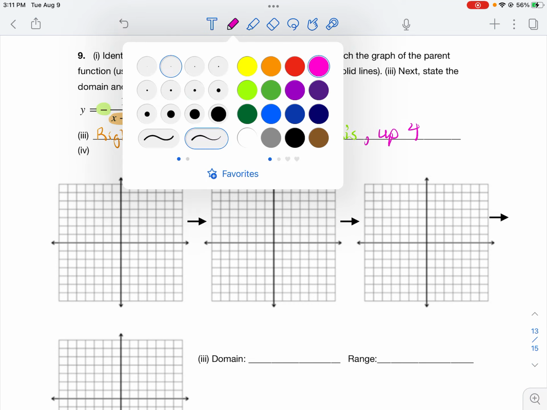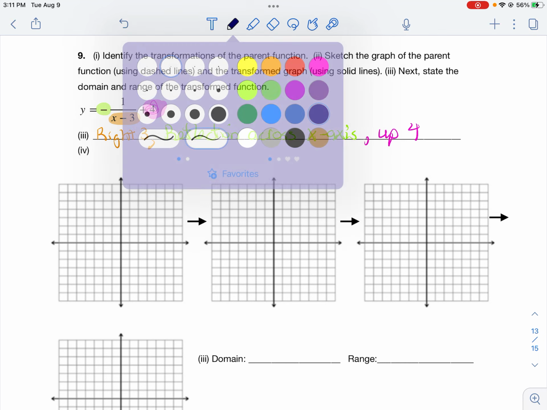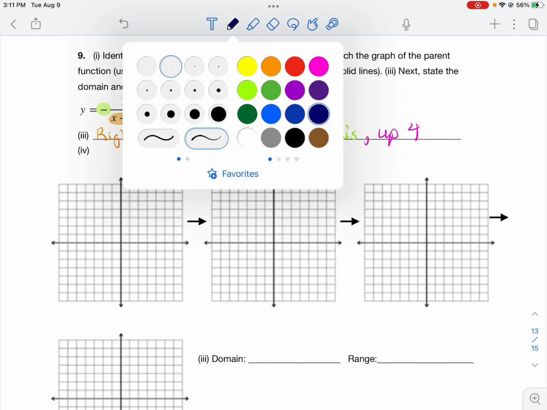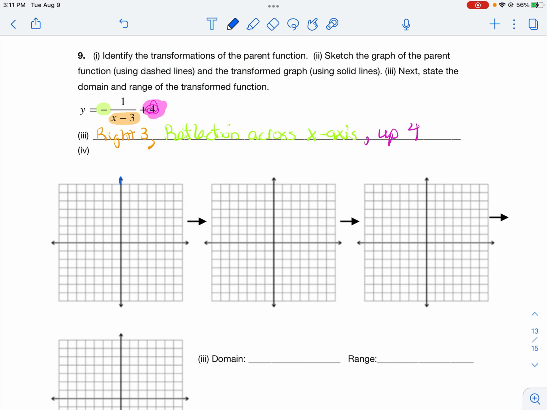So starting with my parent function of the rational function, we have asymptotes on the x-axis and asymptotes on the y-axis. Our main point is where those asymptotes intersect, at (0, 0).